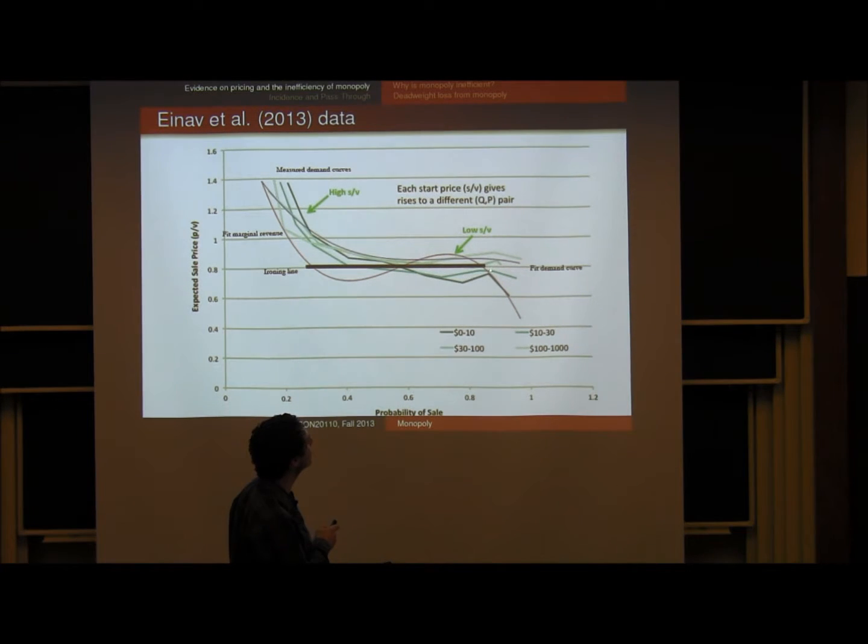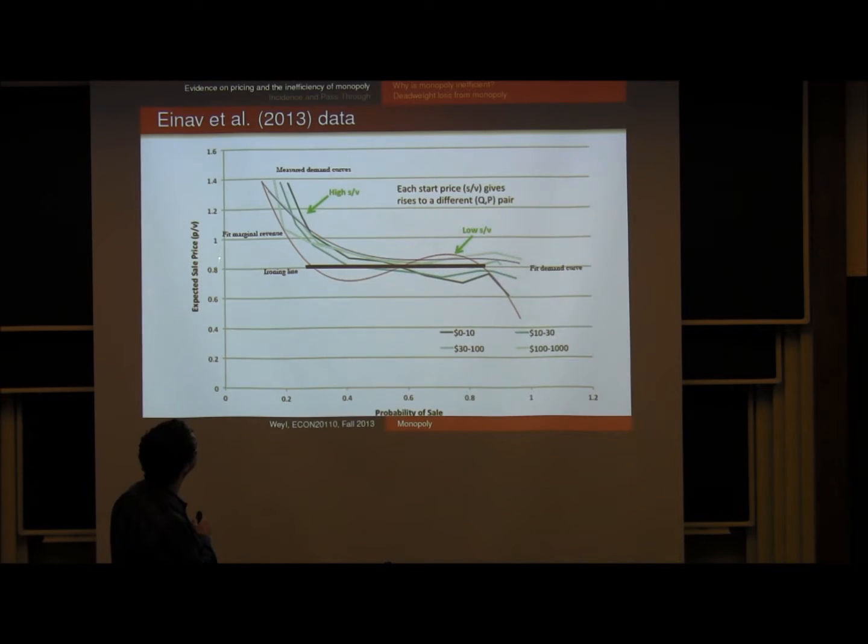But the gains are bigger than the losses here, right? The area above is bigger than the area below, and so they'll produce over here. On the other hand, if they had a cost that was 0.85, like up here, then if they produced over here, they'd take losses over this full region here and only make gains over here, which would not be worth it, so they'd be better off producing over here.